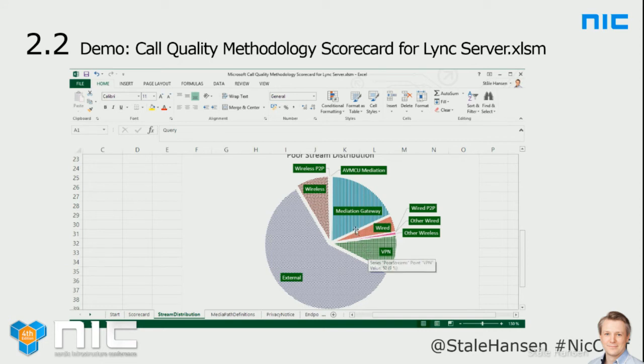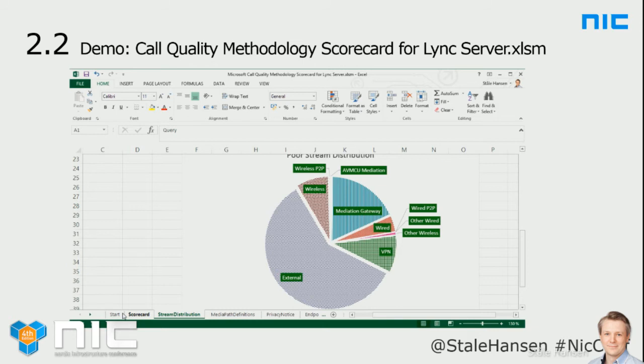The first one looked at all the calls and looked at the percentage of poor calls. This is only the poor calls, and we see that external users are really dominating this. But we see also lots of users are using VPN, and we also have some bad calls between mediation server and gateway.